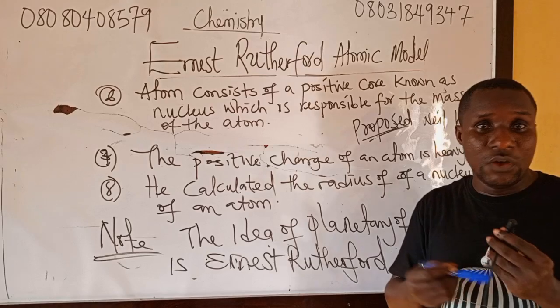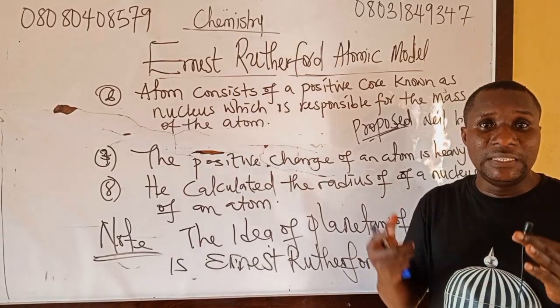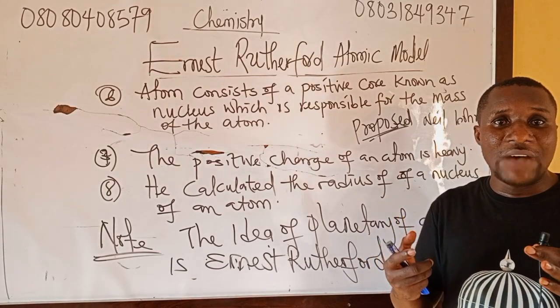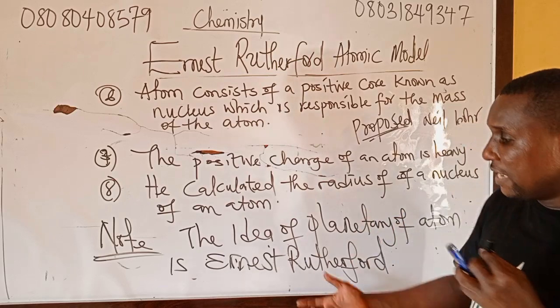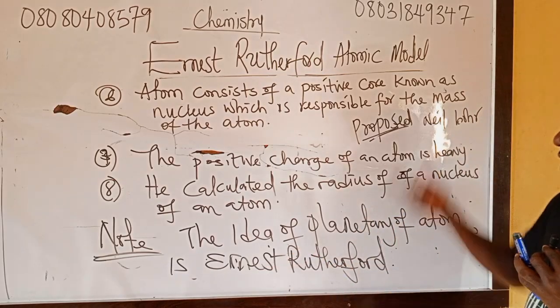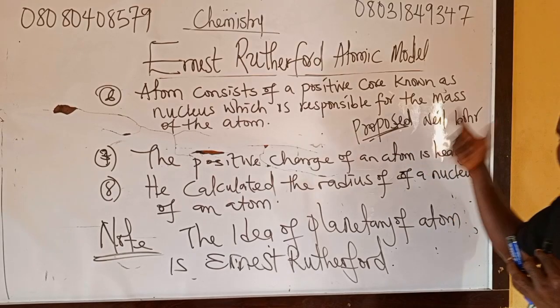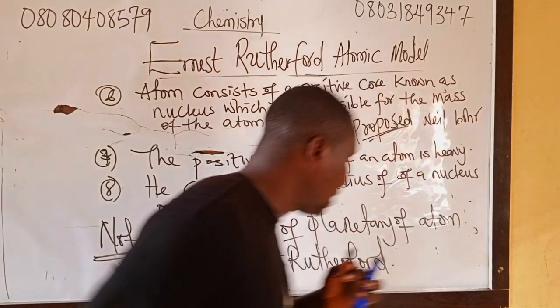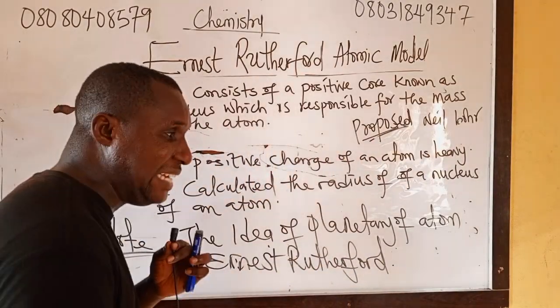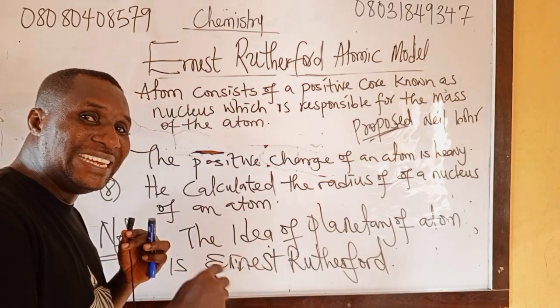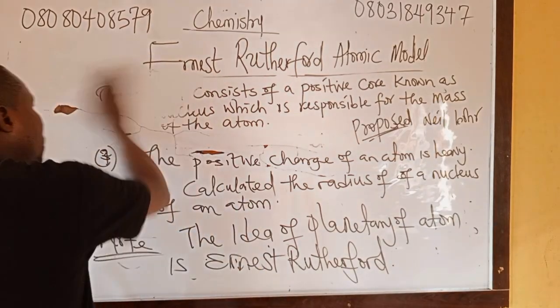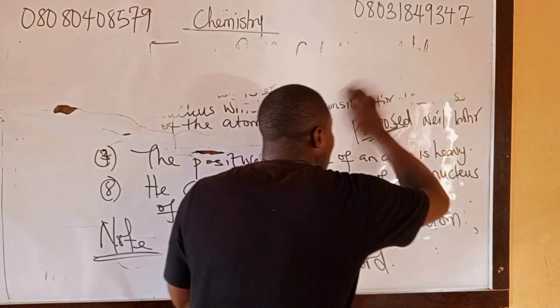It's just that he could not explain the stability of atom. The idea is Ernest Rutherford's idea. The person that proposed it is Nebo. Take note of that. Then let's move further.